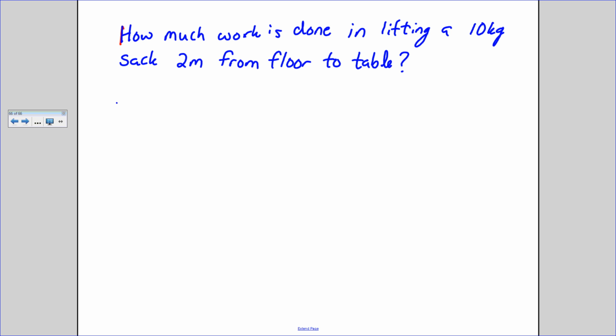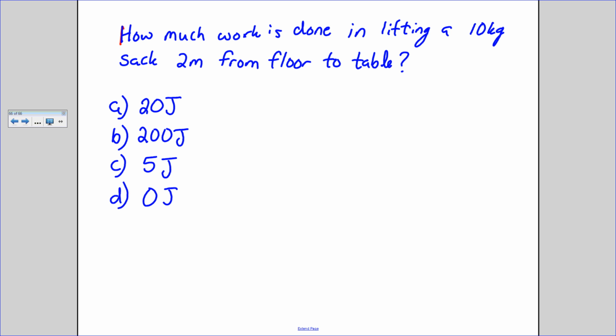All right, I'll give you some options even. This may be a good test question, actually. Is it 20 joules, 200 joules, 5 joules, or 0 joules? How much work is done in lifting a 10 kilogram sack 2 meters from floor to table? 20, 200, 5, or 0 joules? You can answer this.